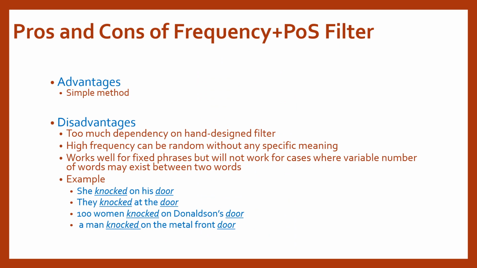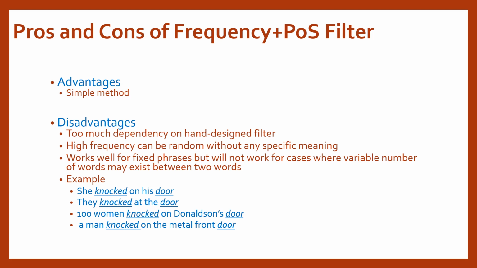The pros and cons of the frequency and part of speech filter. Of course, it is a very simple method, and that is its biggest advantage. Disadvantage is that you need to design those kinds of filters. So you have to be dependent on experts here who can understand and define such a filter.